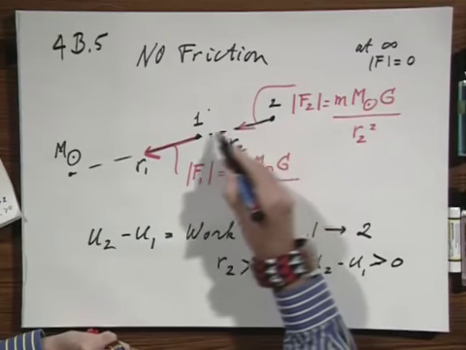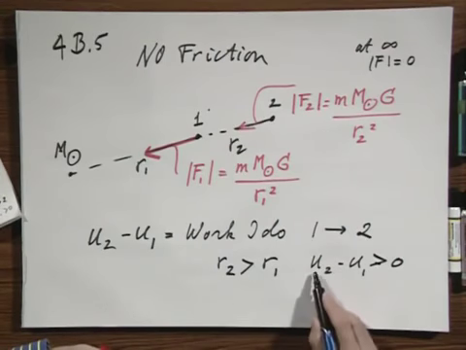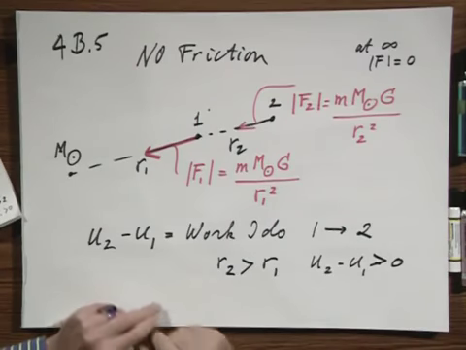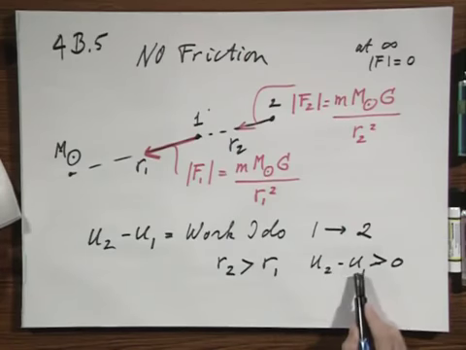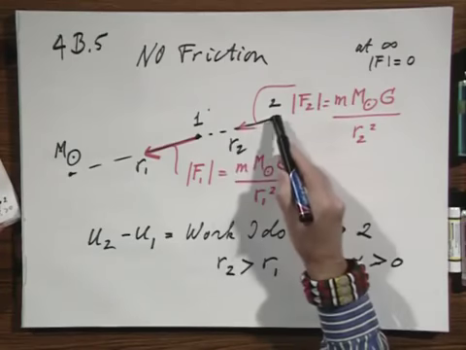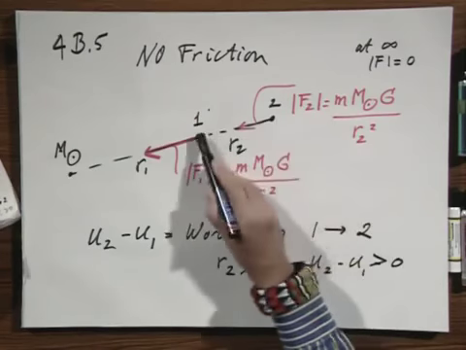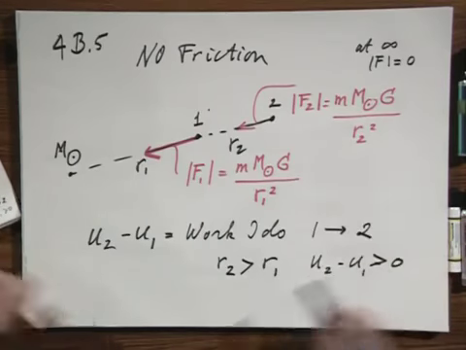If I bring it from here to here, then r2 is smaller than r1, and U2 minus U1 is smaller than 0. But if I go from here to here, then I go from a higher potential energy to a lower potential energy, and so I do negative work.